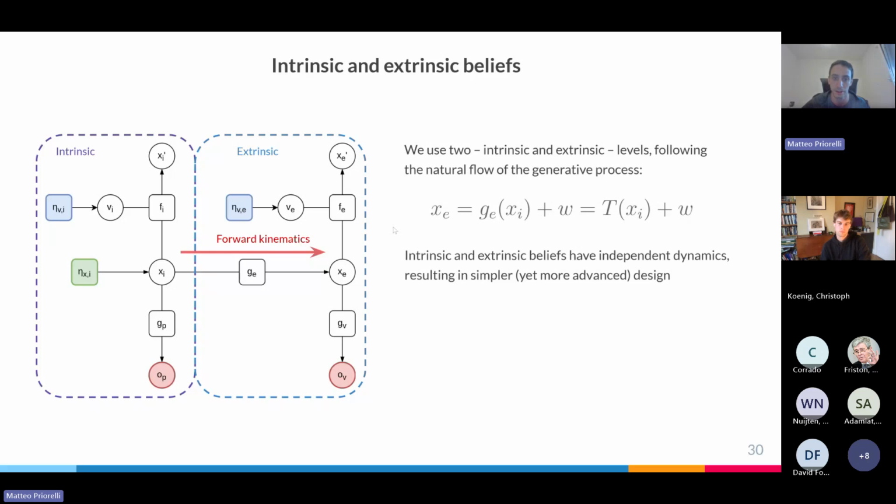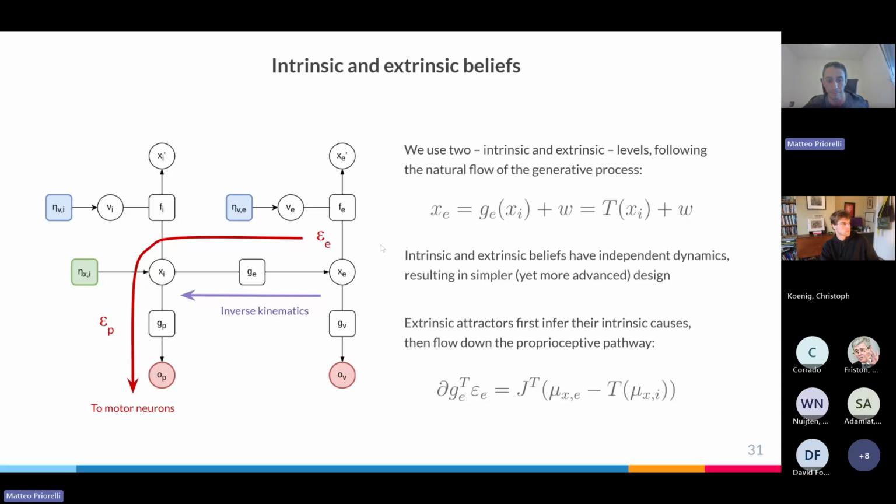And these two levels are linked by a generative model computing forward kinematics. So you see that we have a useful decomposition with these independent intrinsic and extrinsic dynamics, which results in a simpler but more advanced design.